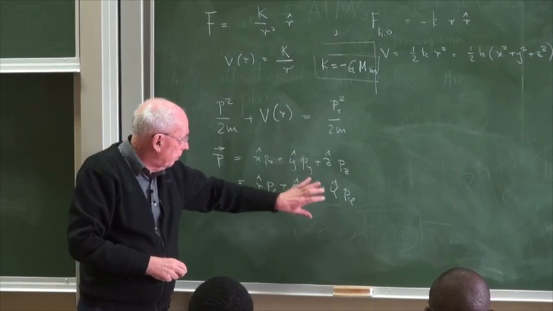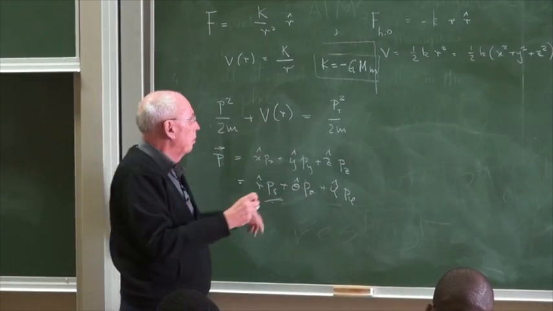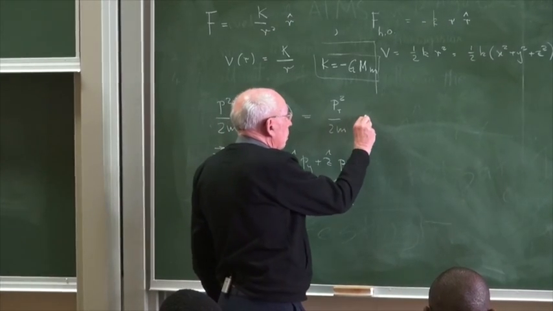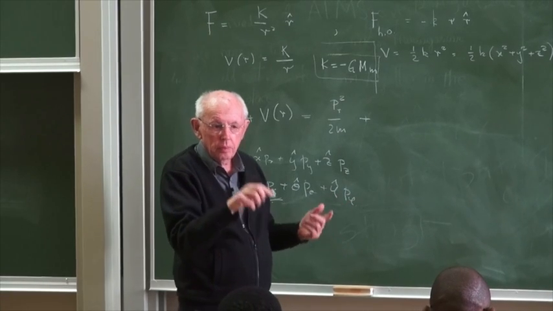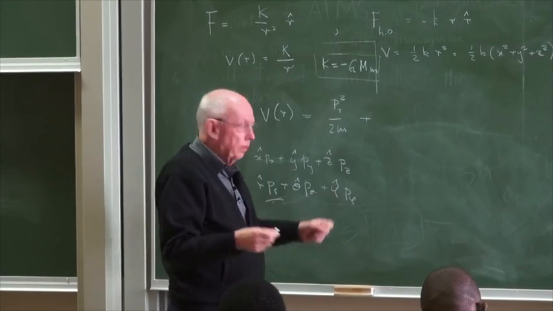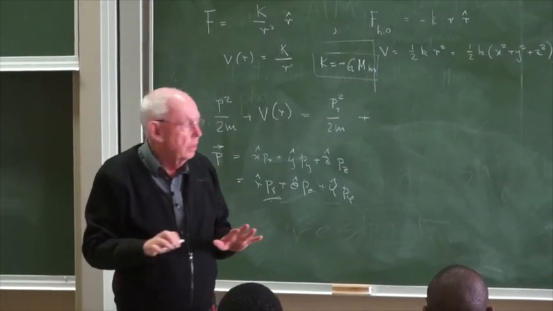And there's nothing of these two parts in there. Those two parts, which I should actually write now, p_theta squared over 2m and p_phi squared over 2m, I write in a different way.